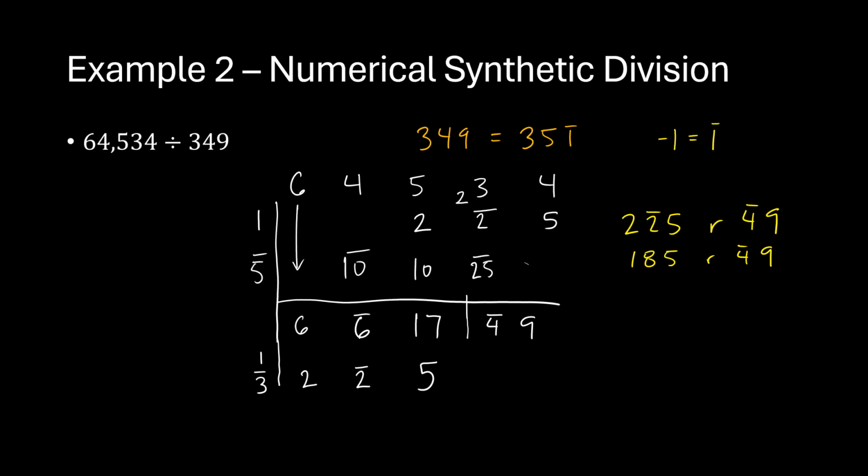And that's what I'm going to do. So my remainder becomes 318. Now, since I'm borrowing a 1 from 185, that becomes 184.